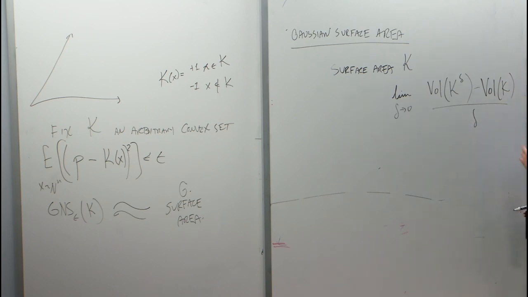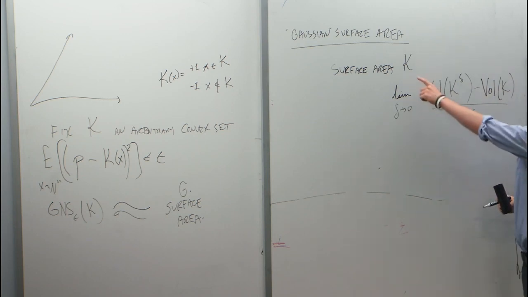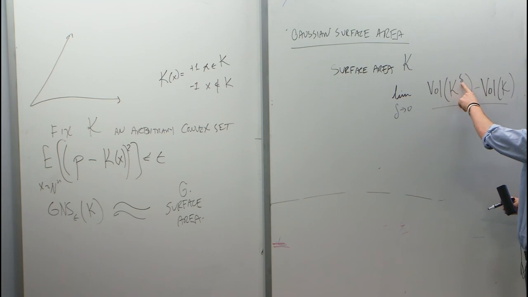So K sub delta here is you take every point in K and you put a tiny ball of radius delta around it. You look at its volume. You subtract off the volume of the original convex set, K, and you divide by delta.